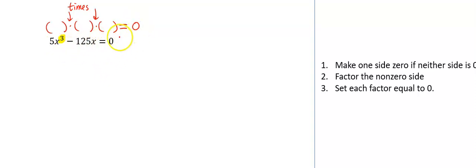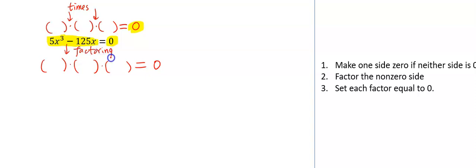Currently in this equation, we do have one side equal to 0, but on the other side we don't have the multiplications we need, so we have to turn this expression into a product of factors. How do we turn this into something times something, we don't know how many yet, equals 0? We will use factoring.